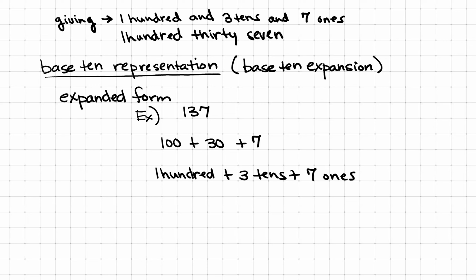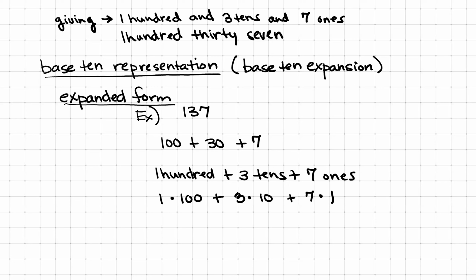And then we can break it down a little bit more to another expanded form of 1 times 100 plus 3 times 10 plus 7 times 1. All of these are valid expanded forms for the number 137. It depends on the situation or what you're trying to get across to the students that you pick which one you want to focus on.